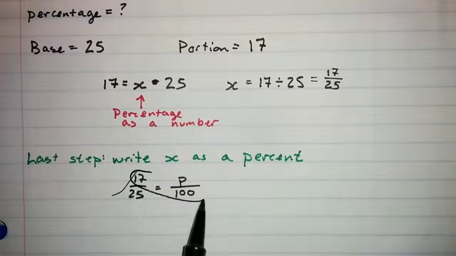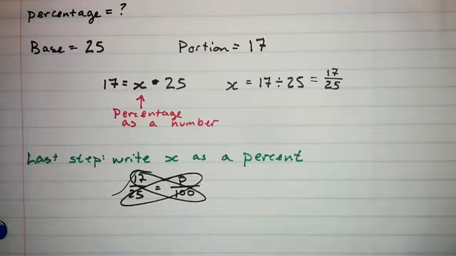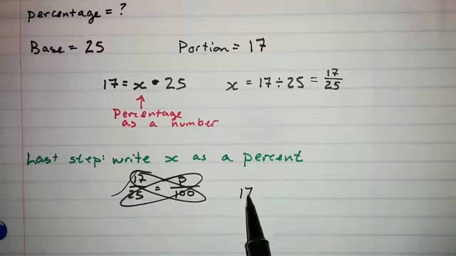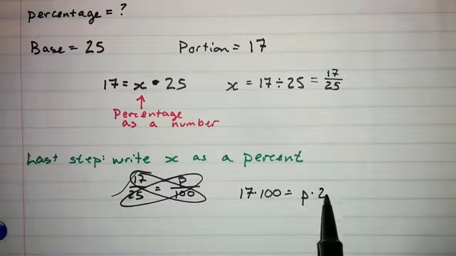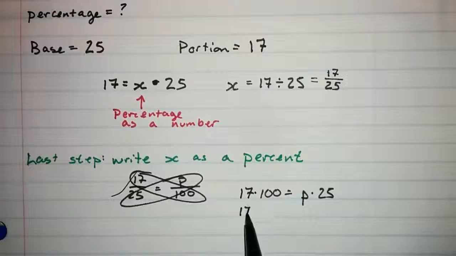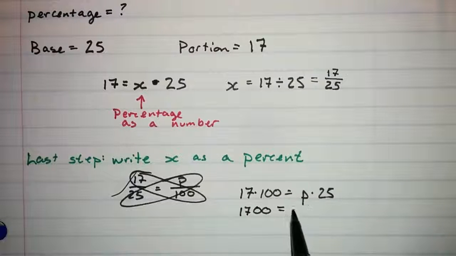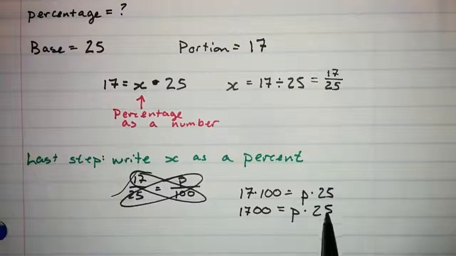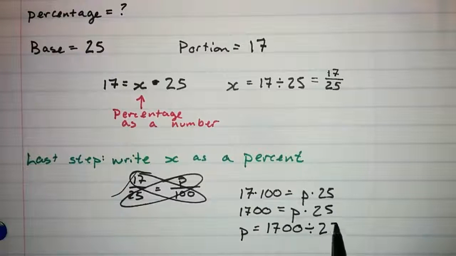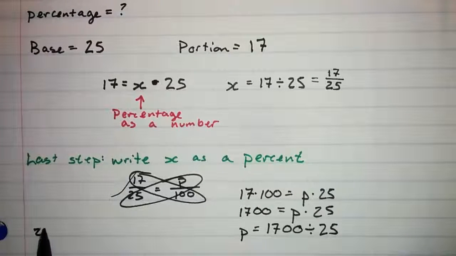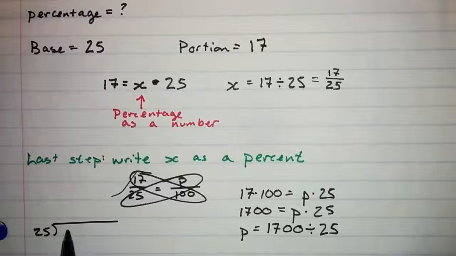We cross multiply. 17 times 100 is some number times 25. 1700 is some number times 25. So our number is 1700 divided by 25. 25 goes into 1700.